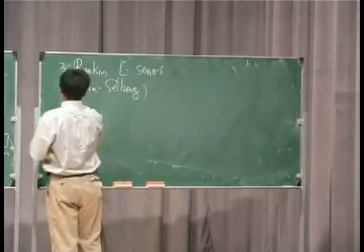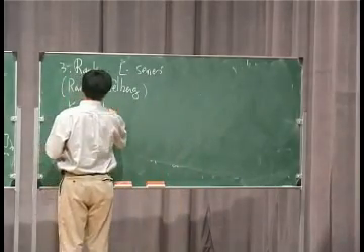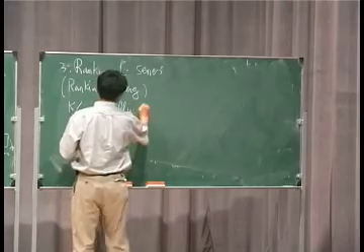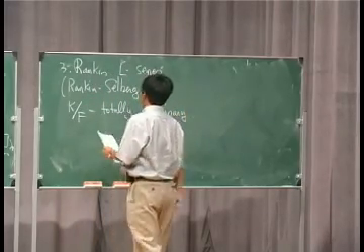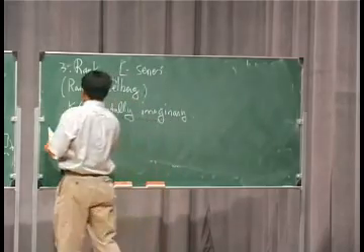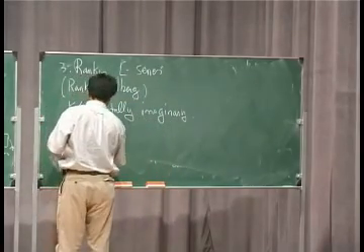So we start with K over F, totally imaginary, and with chi, the ring class character.